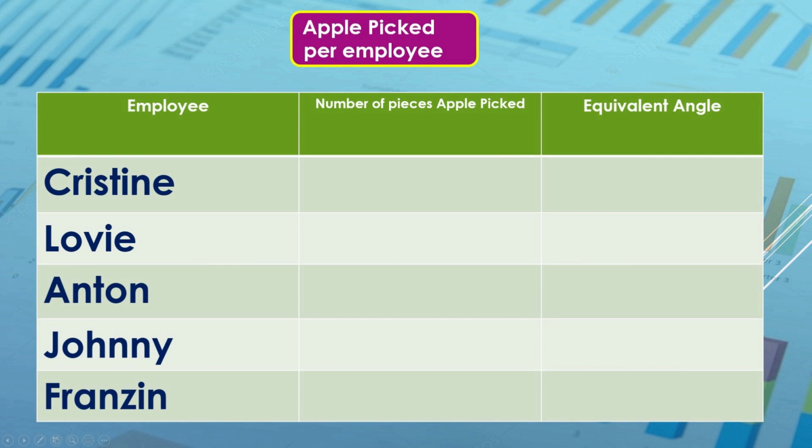They have their data of the apples they pick from the tree. So if we say Christine got 30 apples, Lovely got 7 apples, Anton has 25 apples, Johnny has 16 apples, and Francine has 12 apples.